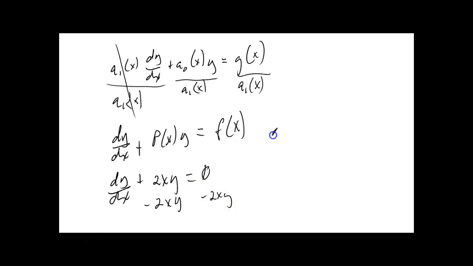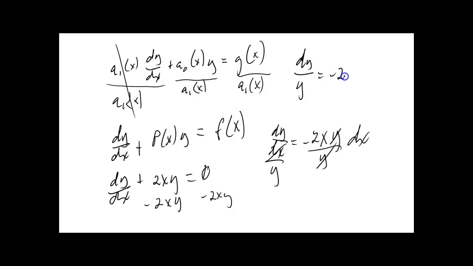So that gives you dy dx is equal to minus 2xy. Divide both sides by y and write this in differential form, and here you have dy over y is equal to minus 2x dx. I think we can do that, can't we?